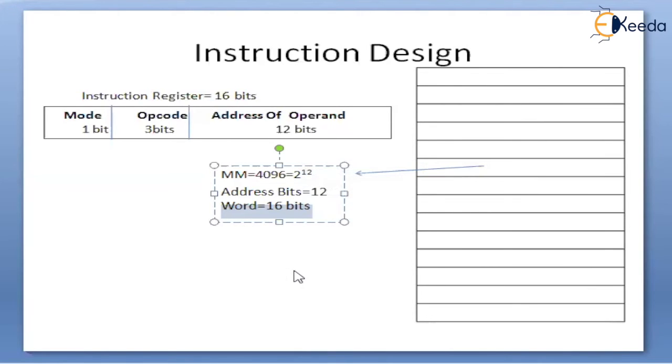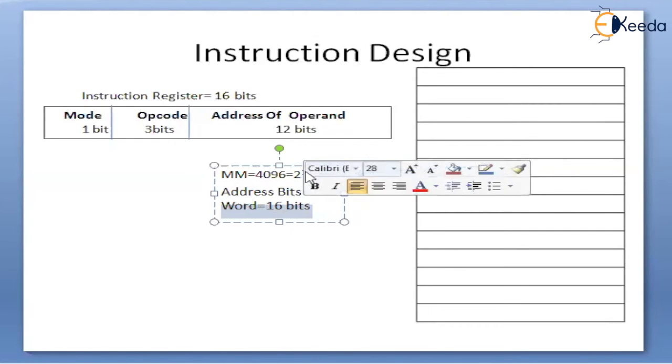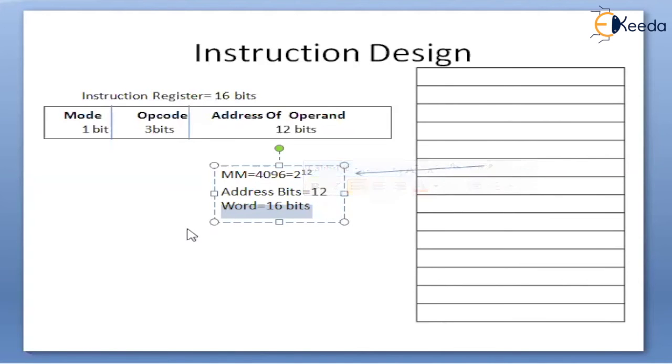Now let us see what an instruction looks like. Once again, my main memory size is 4096 words, in which the address part is 12 bits and the data part is 16 bits.